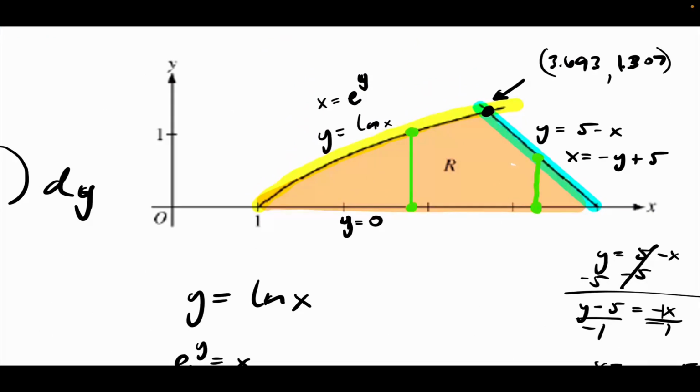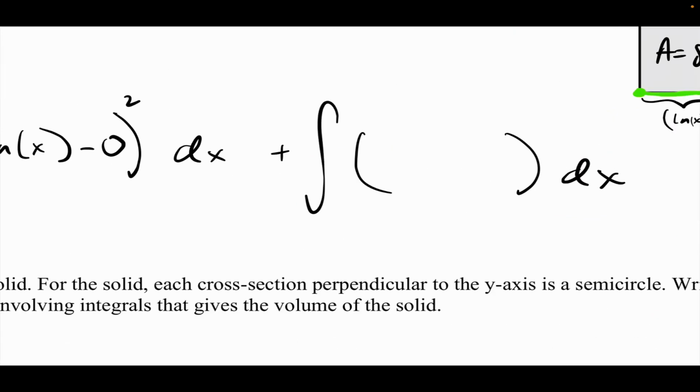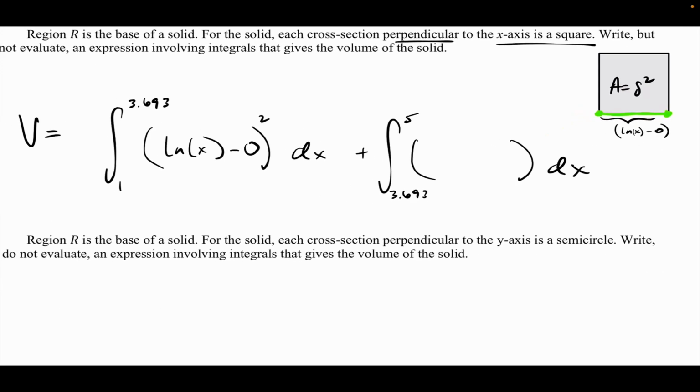It's going to be from 1 to 3.693, right here, cut it in half. And then the other one will be from 3.693 to 5. And that'll cover the whole thing because the whole thing goes from 1 to 5.